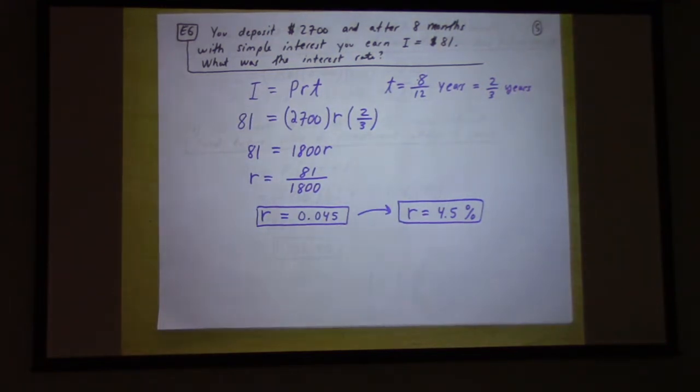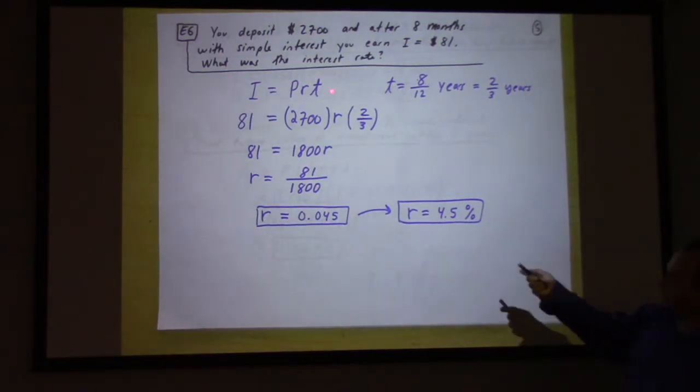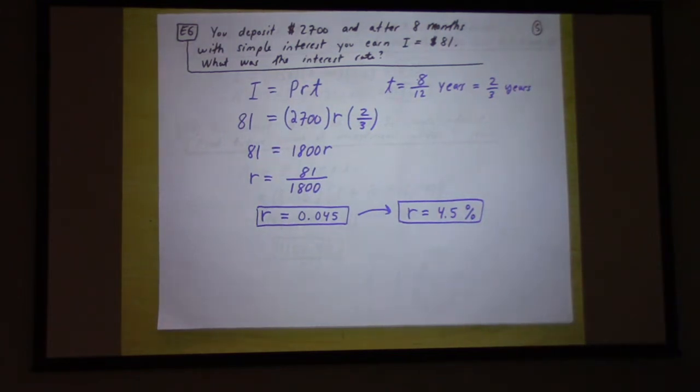So look, the way I did this example in class was to put numbers in, right? And then solve for the variable. But what could you also do? If you don't want to put the numbers in first, you could do what? We could have just solved the original equation for r on this problem instead, right? Like another way to do example 6, and this might be better, actually, would be to solve for r.